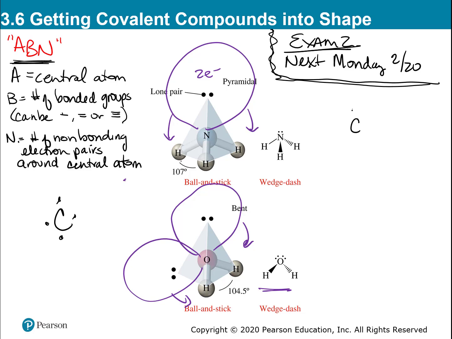So if I have CH4, what would the ABN be for the carbon with CH4? If carbon's the central atom, how many groups connected? 4. So it's AB4. So it's carbon with 4 single bonds is always AB4. Okay. What if I have a carbon with a double bond to an oxygen and 2 hydrogens? What would that one be?